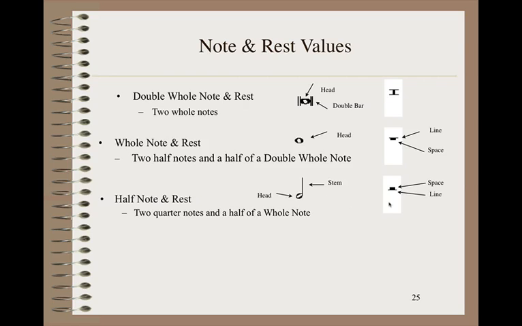For the rest, notice that there's the line, and then the box is right on top of the line. So again, just to make sure you understand, on the whole rest, the box is below the line. On the half rest, the box is above the line.